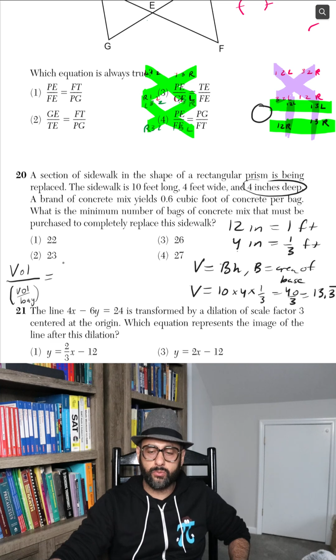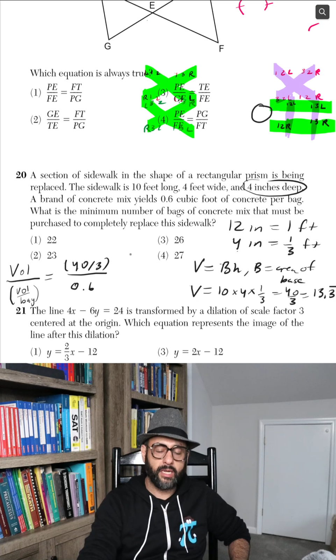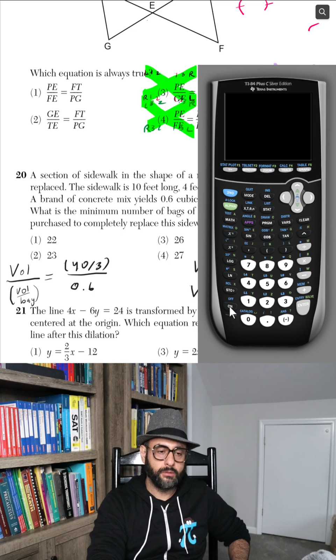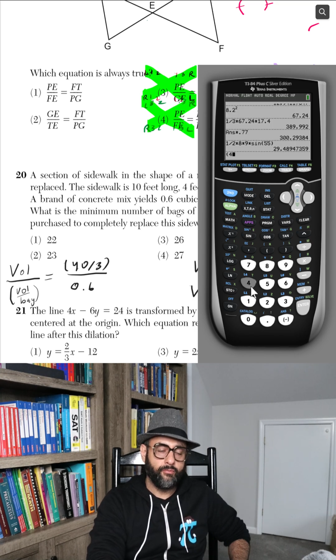So this is equal to 13.3 repeating, or 40/3. I'm going to do the 40/3 in parentheses, because the 0.3 repeating is kind of whack, divided by 0.6. And now I'm going to get the calculator out. Parentheses, 40/3, close parentheses, divided by 0.6.